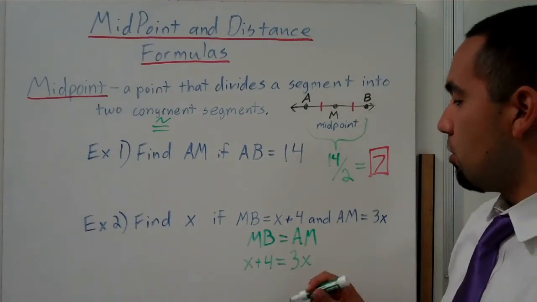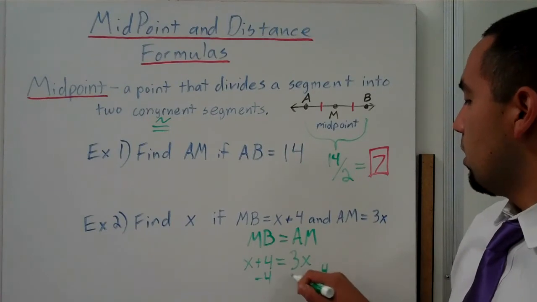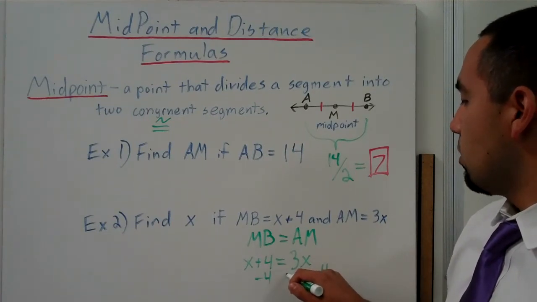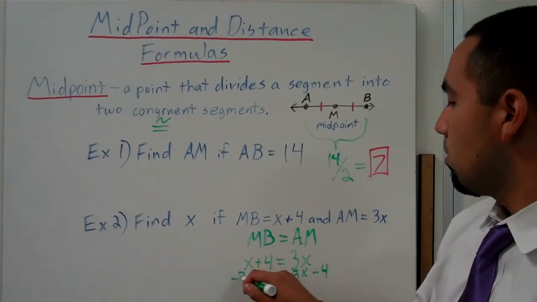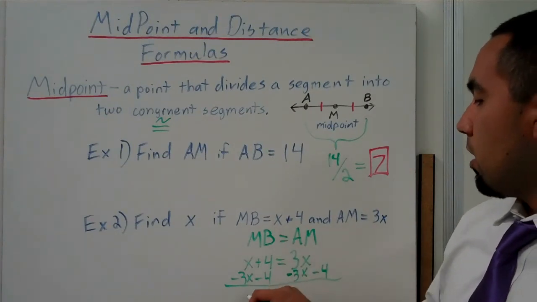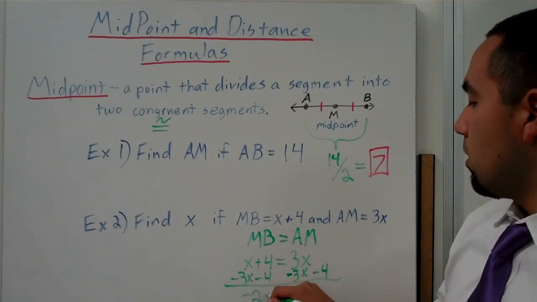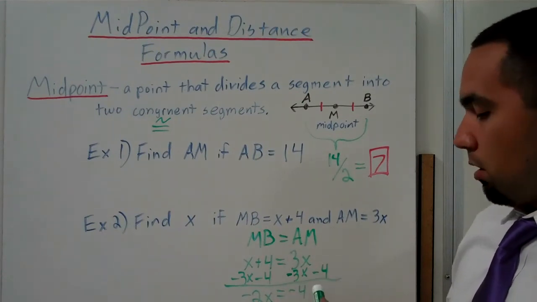I'm actually going to do 2 steps in one. I'm going to subtract 4 from both sides, and subtract 3x from both sides. When I do that, I get negative 2x equals negative 4.